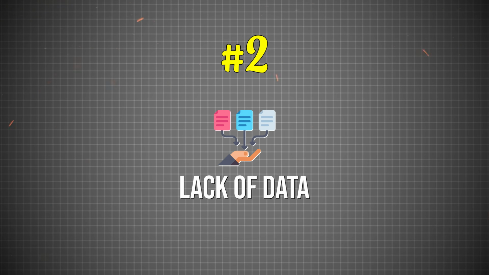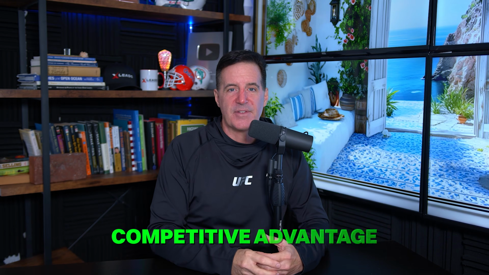The second feature, number 2, is lack of data. That's right. Vacant land is somewhat what single family houses were almost 20 years ago, meaning there's very little software that can accurately predict the real raw value of that land. Now, keep in mind, if sellers don't have that accurate information, it gives you a competitive advantage.